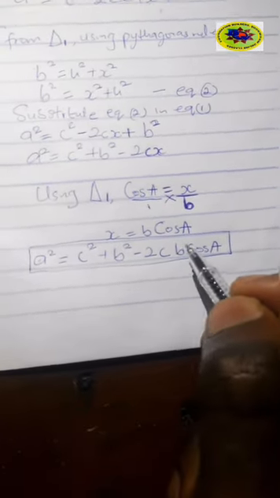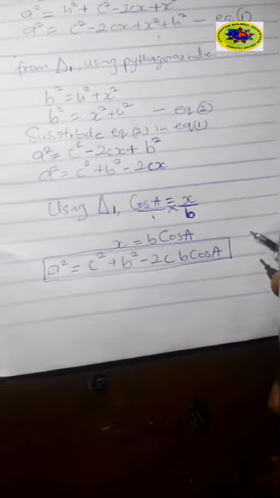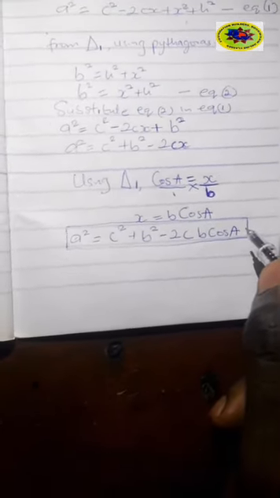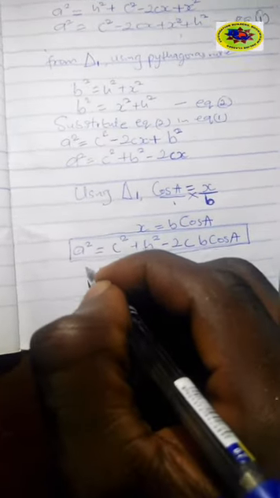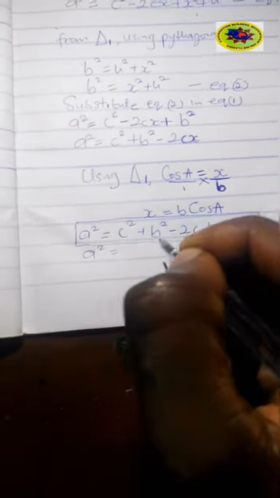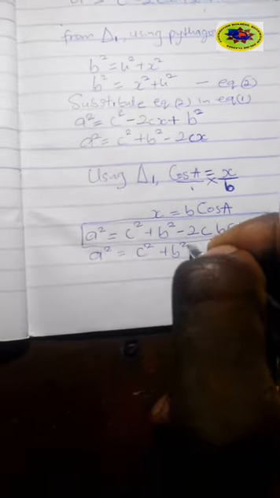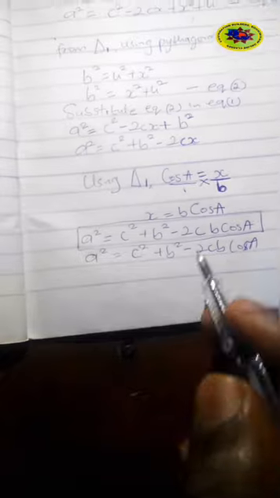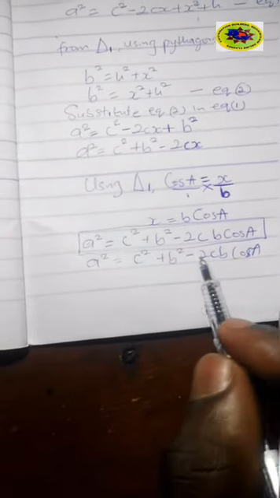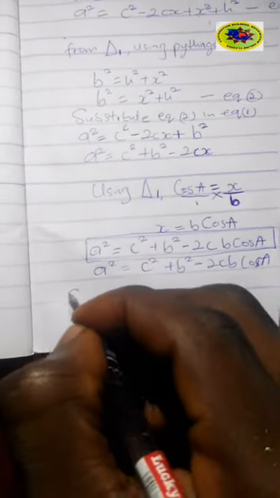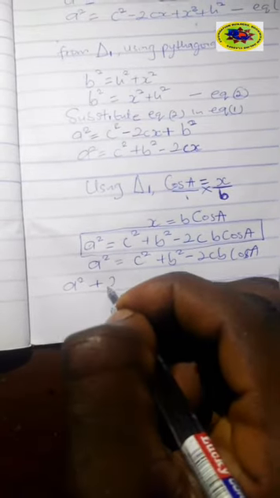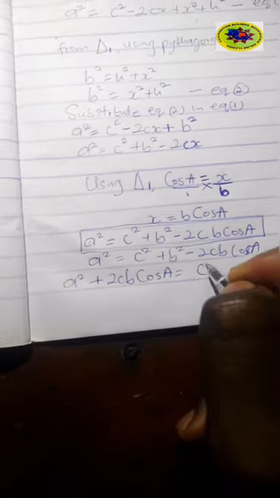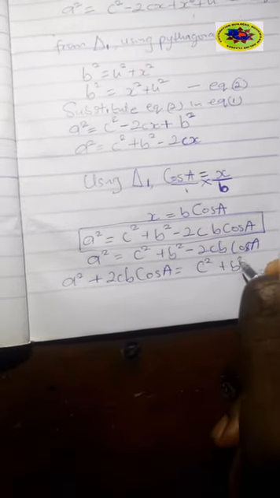Now, to find the angle, which is cosine, how will you derive the formula? You write it down: a square is equal to c square plus b square minus 2cb cos A. Carry the negative term to this side, turning it to plus: 2cb cos A is equal to c square plus b square.